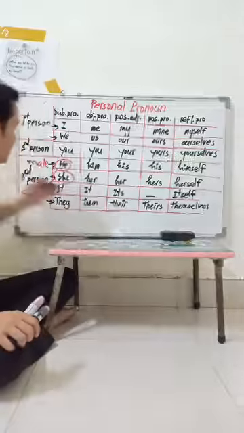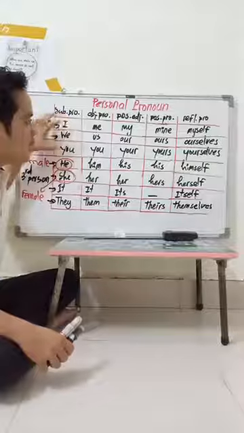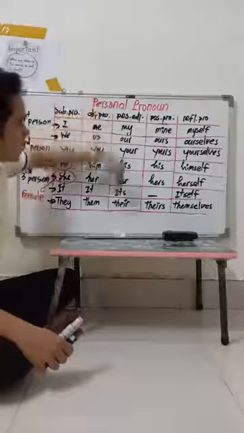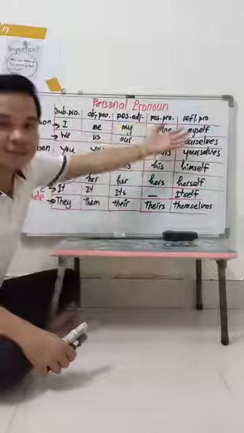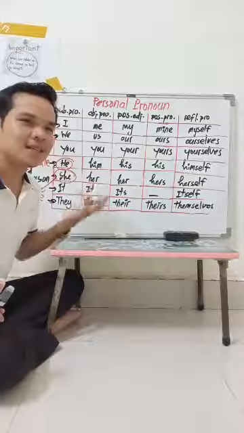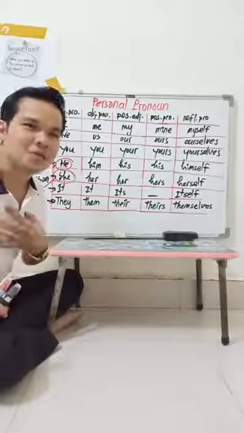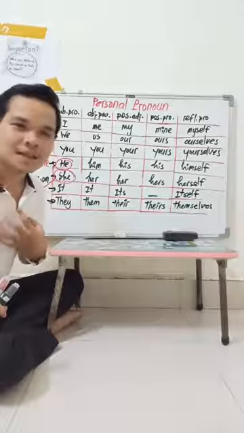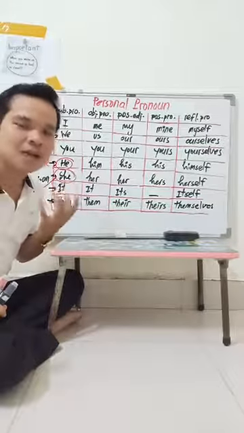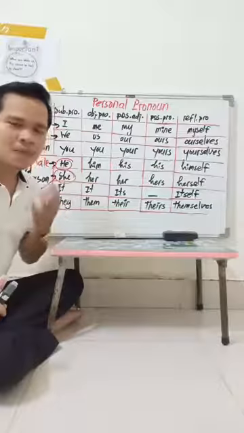So you can see, like I explained before, the previous explanation about subject, object, possessive adjective, possessive pronoun and reflexive pronoun. When you understand them one by one together, it will not be difficult, because pronouns are the words that replace nouns. When we want to replace a noun, we must use a pronoun.